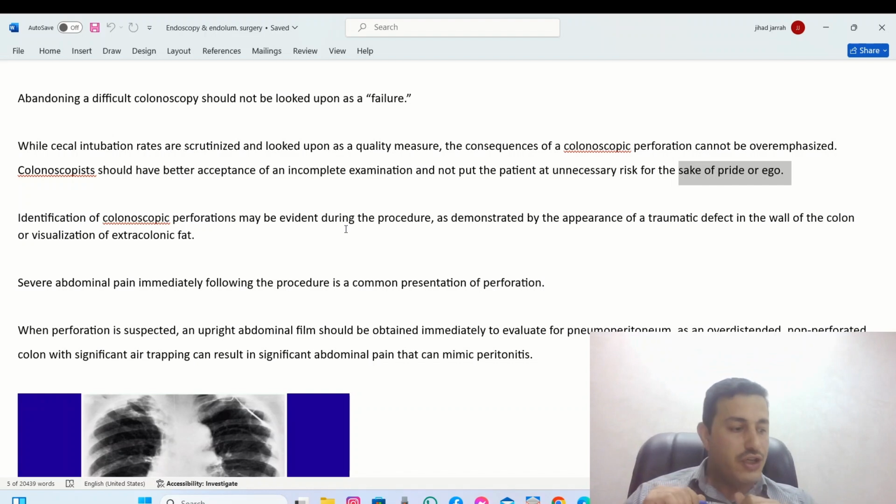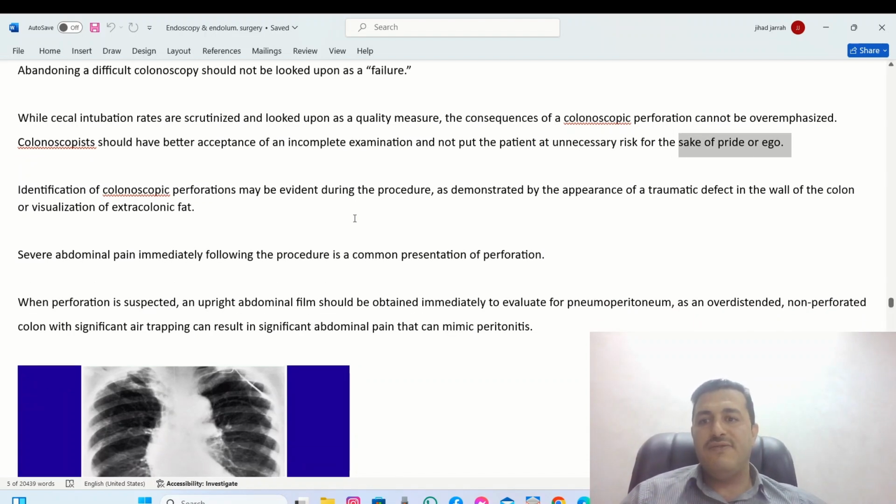The perforation can actually be evident during the procedure itself. This is by noticing a defect in the bowel wall or the fat, or what we call the extracolonic fat. And the presentation is usually severe abdominal pain.